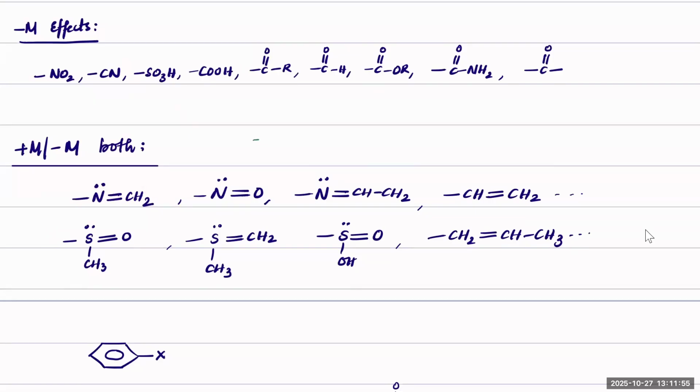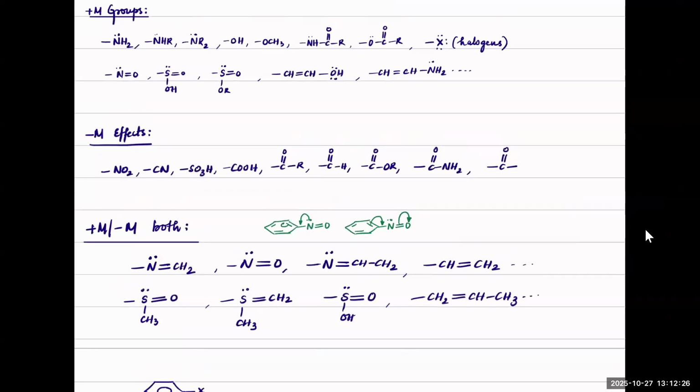For example, if you have benzene here connected to N double bond O, it has a lone pair, and due to the lone pair it can donate the electrons here like this, but at the same time, the double bond can be pushed outward, and this will take it as O minus, so that means it is showing minus M also. NO is showing both plus M and minus M. Girls, clear on this, beta?